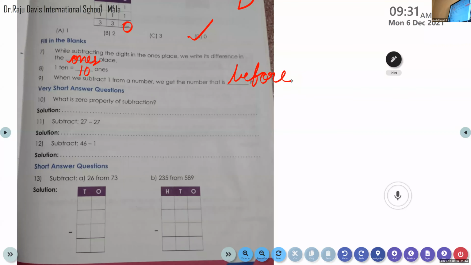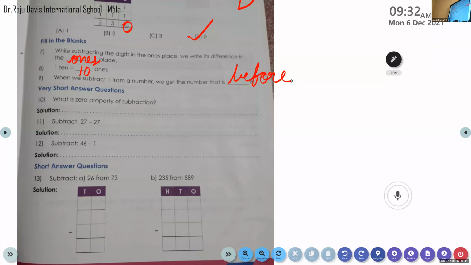Okay, then the next one. Ansel, unmute and tell me. Question number 10. Yes, ma'am. Please read it. What is the zero property of subtraction? Do you know? What is that?